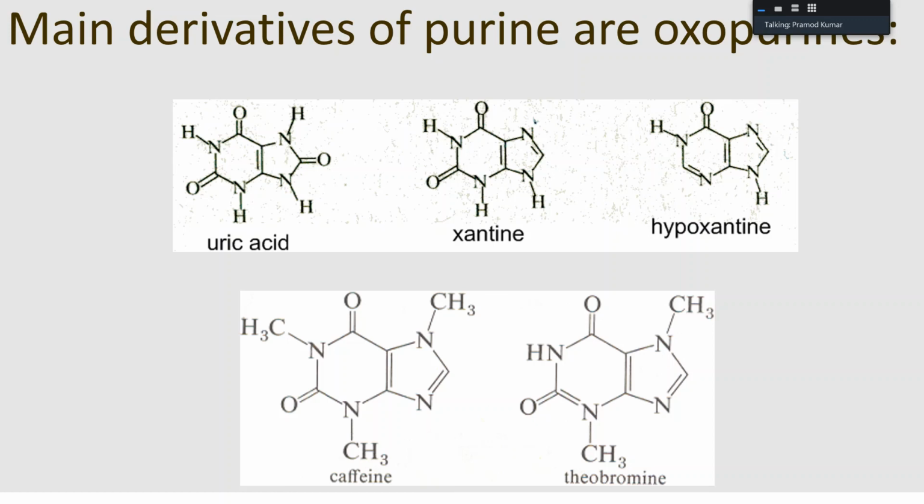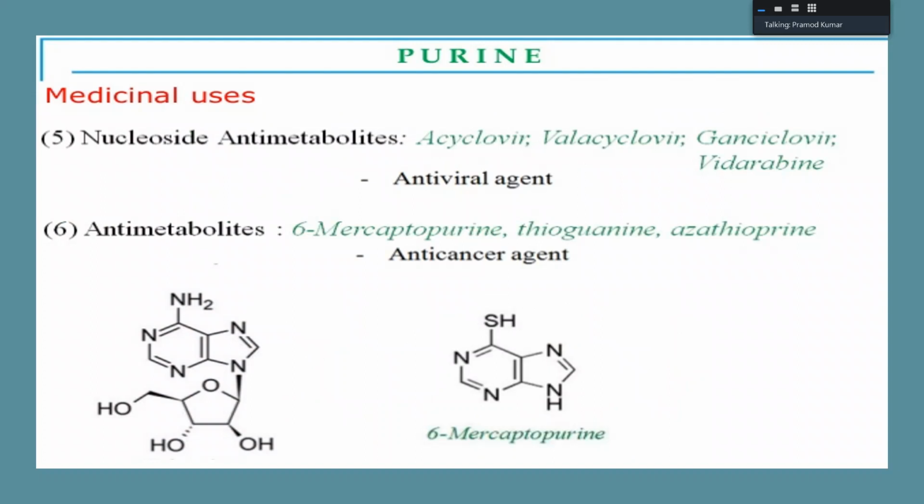And theobromine, difference between theobromine and caffeine is what? Your nitrogen at the first position is not methylated. That's the difference between your caffeine and xanthine. This can be asked in your exam for 2 marks. Uric acid, xanthine, hypoxanthine structures can be asked in your exams for 2 marks.